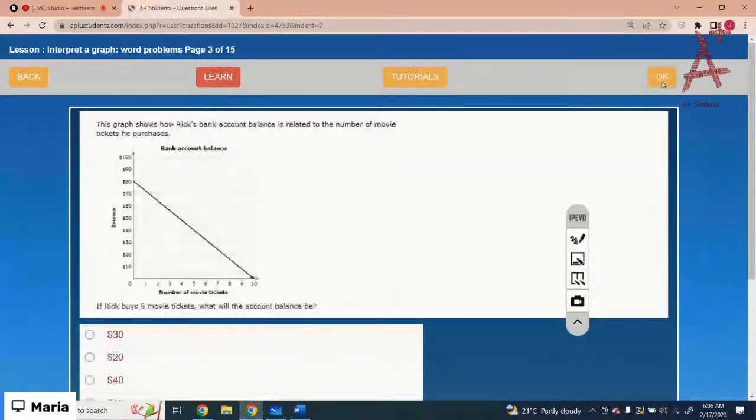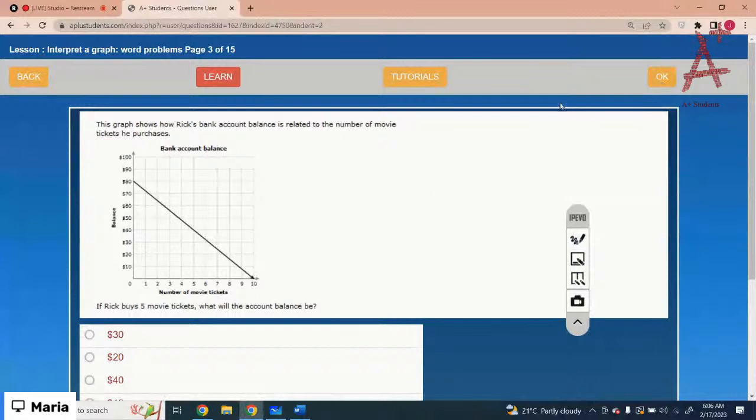Okay, the next one is this graph shows how Rick's bank account balance is related to the number of movie tickets he purchases. If Rick has 5 movie tickets, what will the bank account balance be? So on the x-axis, you have the number of movie tickets. Got it? And on the y-axis, you have the balance.